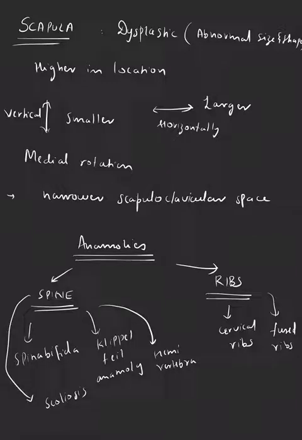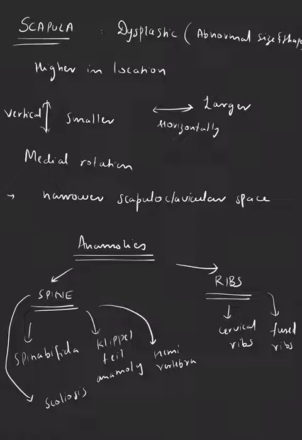So this is called a dysplastic scapula. Also, because the scapula is lying at an abnormally high position, the distance between the clavicle and the scapula is narrowed. So the scapuloclavicular space is usually narrow, though very rarely you may see some space.